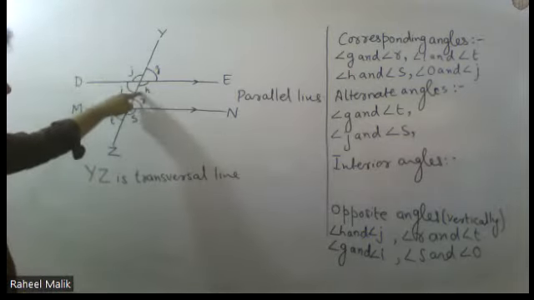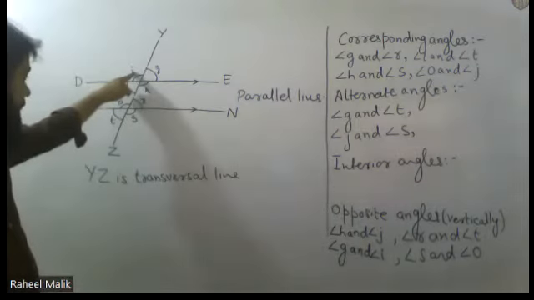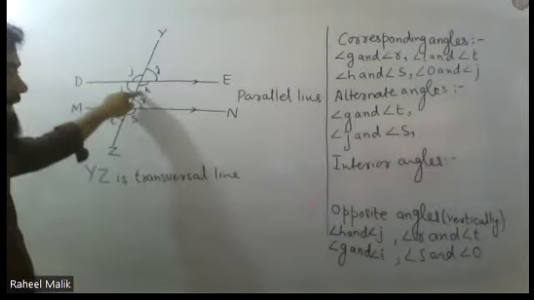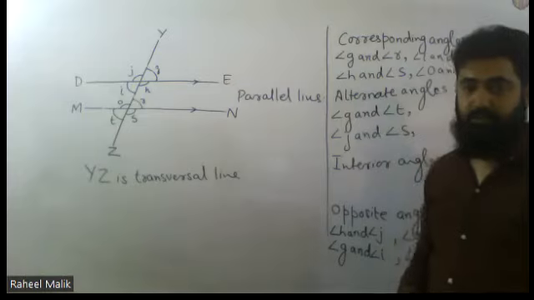Angle J with angle H will be vertically opposite. Angle J with angle S, which is corresponding to angle H, will be known as alternate angles.